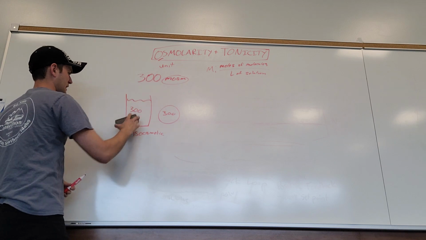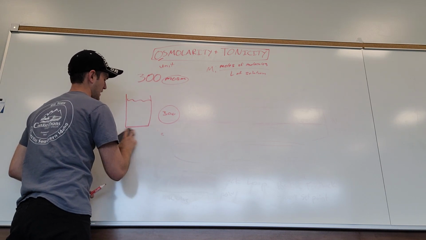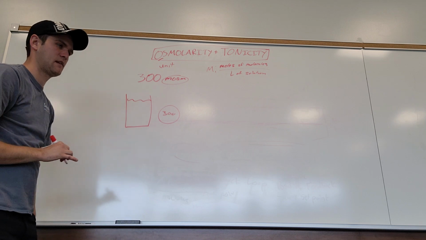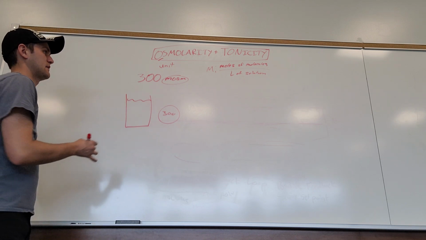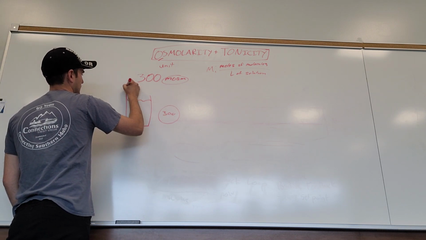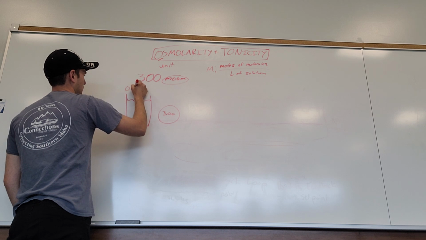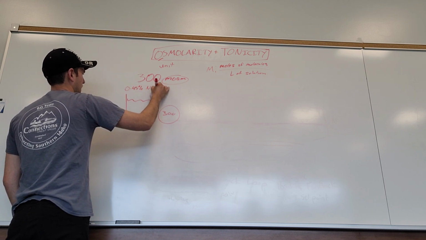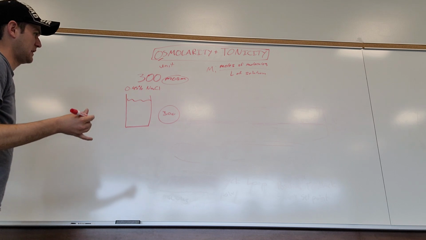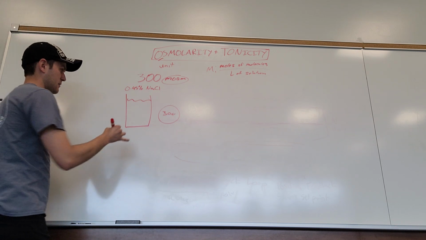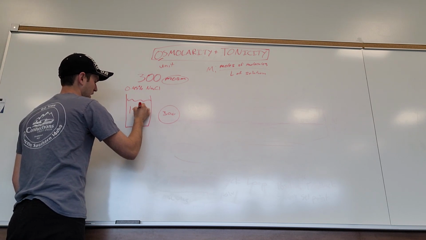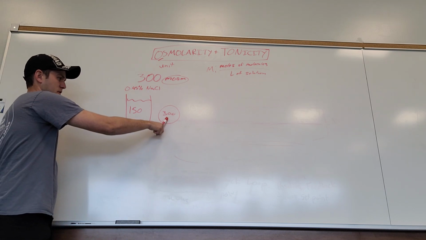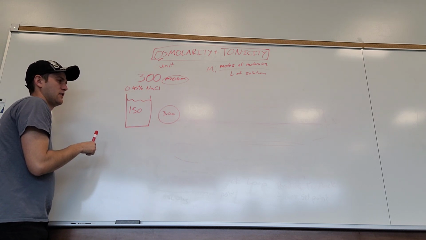Now let's see. Say we didn't do 0.9% sodium chloride. Say we did 0.45% sodium chloride. So that just dropped it. Now we went from 300 milliosmoles to 150 milliosmoles compared to our cell, which is 300 milliosmoles.